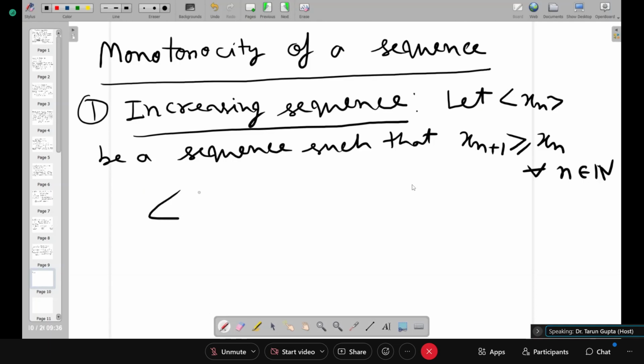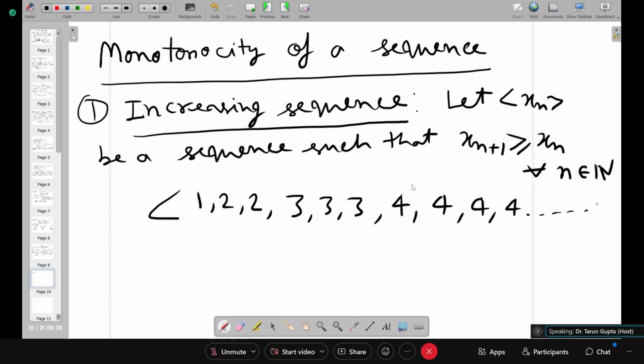For example, if I write 1, 2, 2, 3, 3, 3, 4, 4, 4, 4, this is a sequence. Here the next term is either greater than or equal to the previous, so this is an increasing sequence.